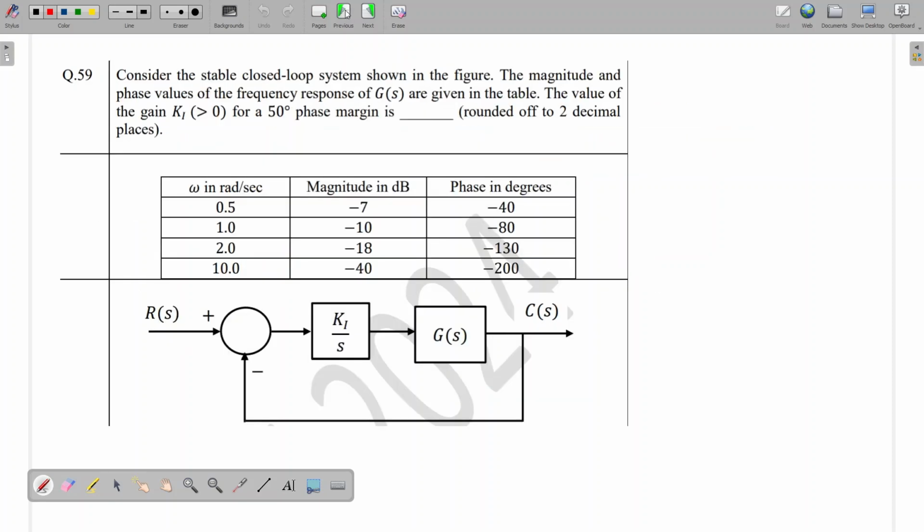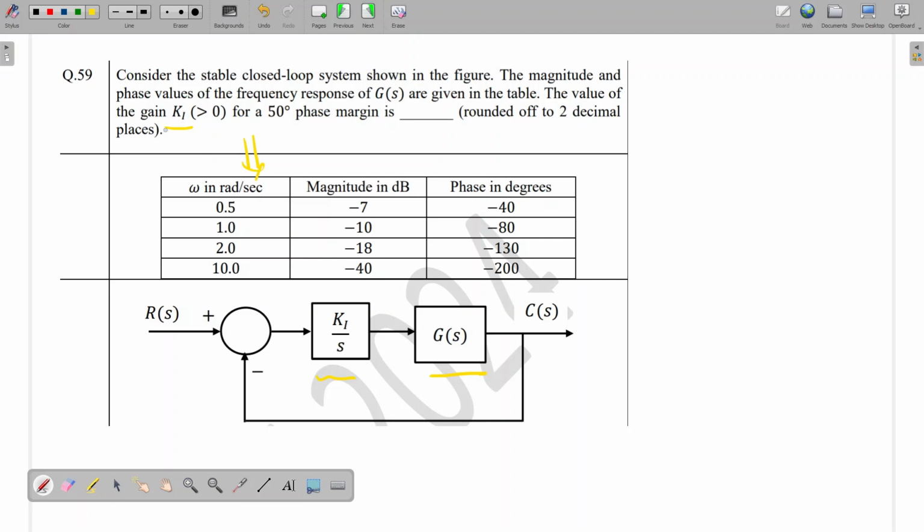A stable closed loop system is shown here in the figure, and the magnitude and phase values of the frequency response are given in the table. So at some particular omega values, magnitude and phase are given, and we have to calculate the value of gain k. Here one system is there. This is G(s). Whatever data is given here is for G(s).